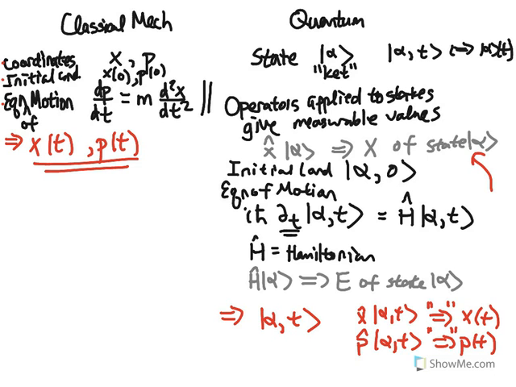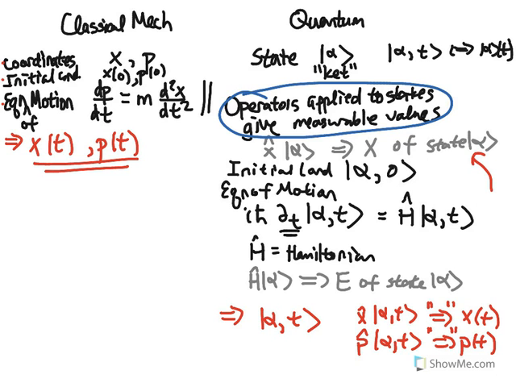Great. So you might be wondering, it seems like nothing is really going to be different, right? Classical mechanics gives you x of t, p of t. Quantum mechanics gives you x of t, p of t. In some ways that's true, but we have to be very careful because I glossed over exactly how you get these measurable values when you apply operators to states.